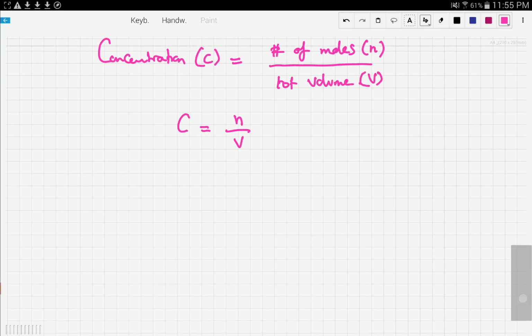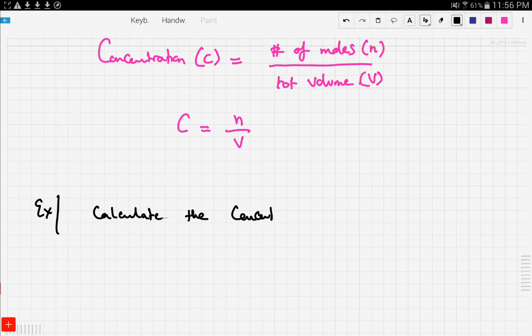Now let's see an example. Calculate the concentration of 10 grams of NaCl in 200 centimeters cubed.